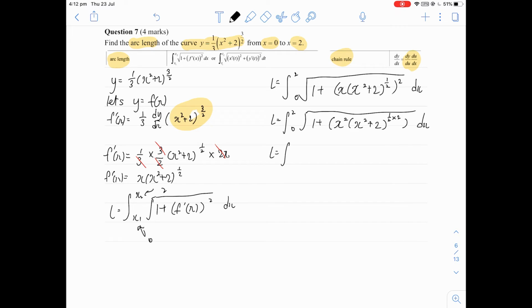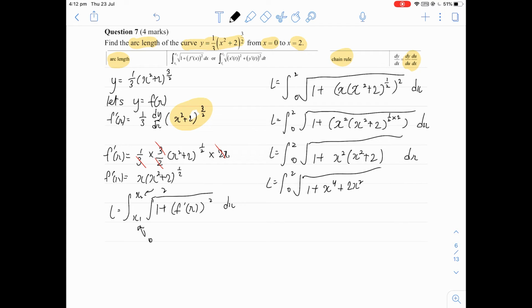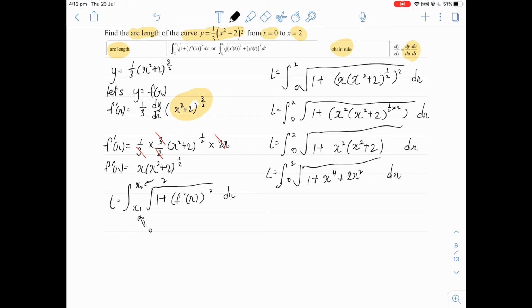And so we can write this as 1 plus x squared multiplied by x squared plus 2, dx. And this will give us 1 plus x to the power of 4 plus 2x squared, dx. Now, let's further simplify this.